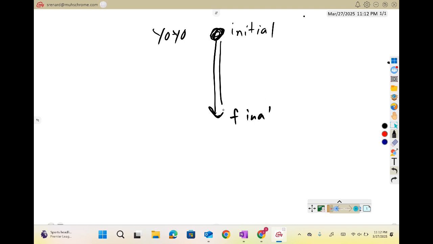As it's traveling down, when it hits this point, right before it spins back up, it's going 1.9 meters per second. So that's going to be its final velocity. We know its initial velocity is 0.